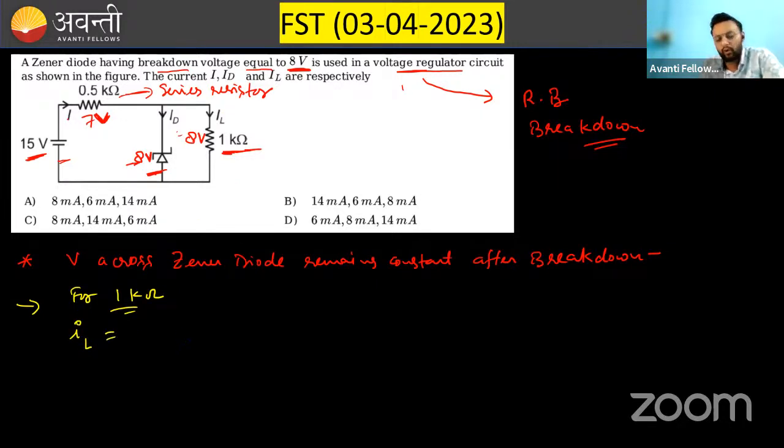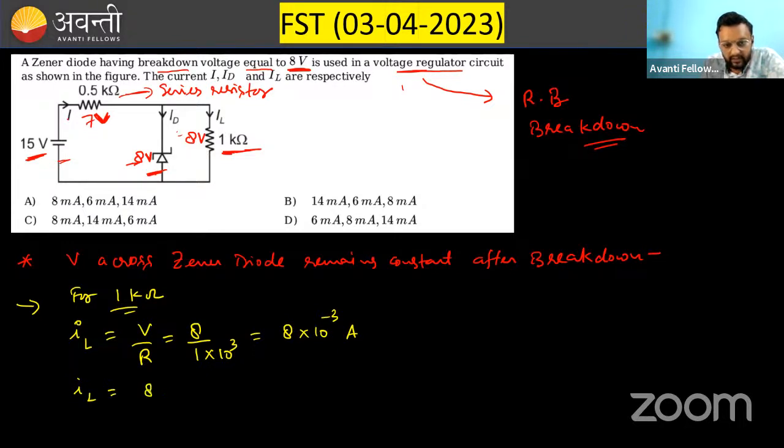From Ohm's law, I is equal to V over R. V is 8, resistance is 1 kilo ohm. Can you see that it will become 8 into 10 raised to the power minus 3 ampere? So the current in the load resistor will be 8 milliampere. One thing is done.